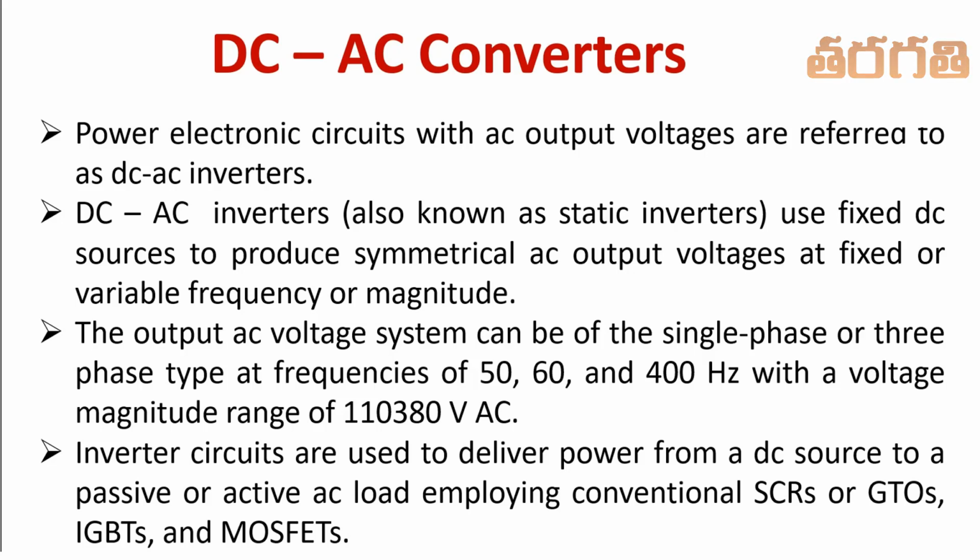That means inverter circuits can be realized using any of these devices: SCRs, GTOs, IGBTs and MOSFETs. The problem with using SCRs is that they require a separate commutation circuit to turn off the thyristors.